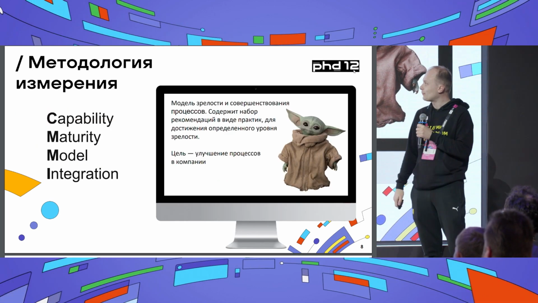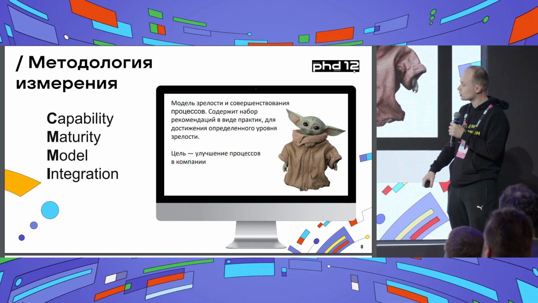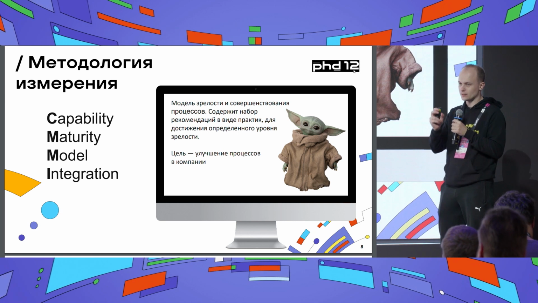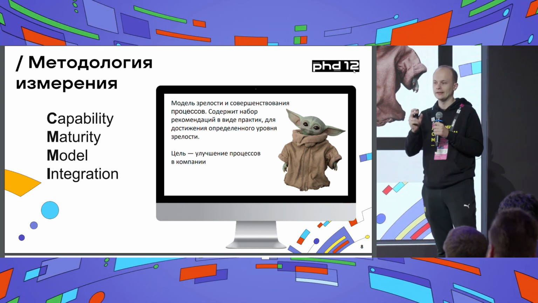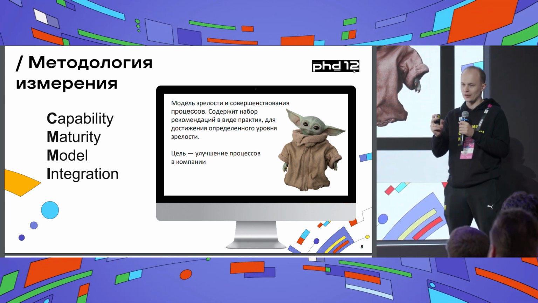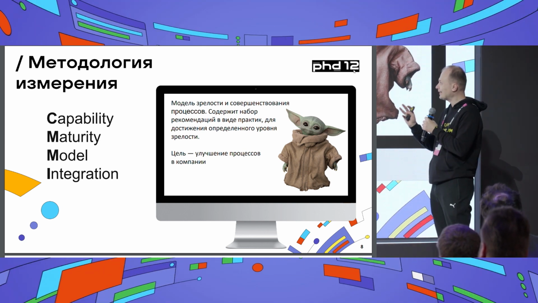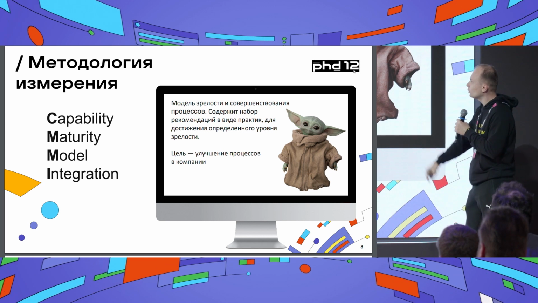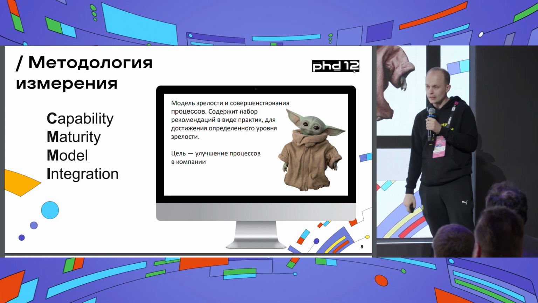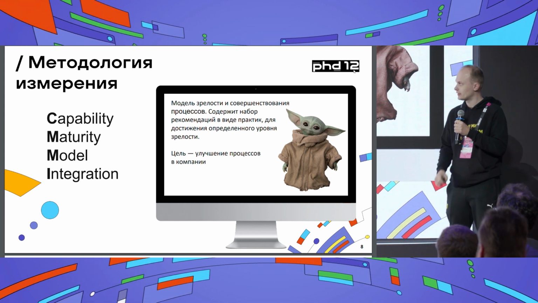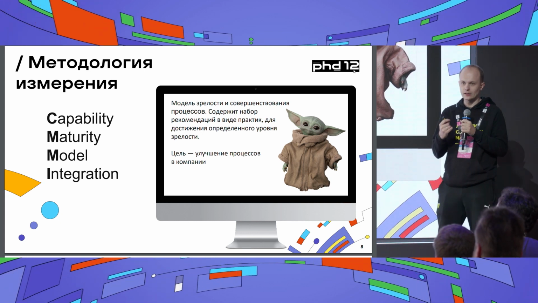Let us look at CMMI, Capability Maturity Model Integration. It's a model of maturity and improvement of business processes. IT security is also a process, and the methodology contains a number of recommendations and practices which are necessary to reach a certain level of maturity.